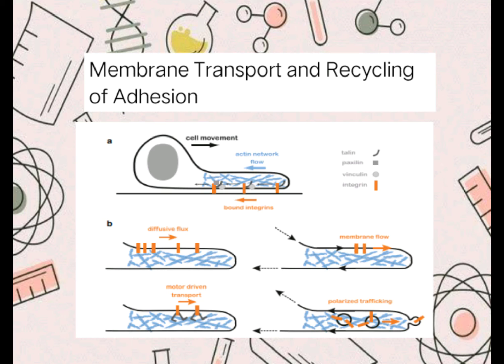In letter B, various possible mechanisms for recycling integrins back to the leading edge have been suggested. Passive transport by diffusion will tend to equilibrate the integrin density but may not be fast enough for efficient recycling. Active transport to the leading edge can occur with the help of motor proteins which drag the integrins within the membrane, by drift induced by bulk membrane flow, or by polarized membrane trafficking.